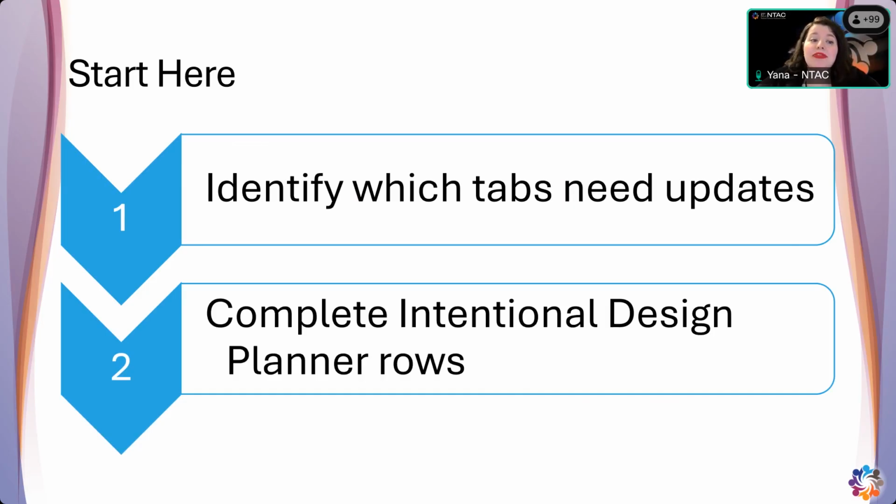And continue to fill out that intentional design planner to make sure that you are continuing to give your students and your staff those positive learning experiences that are also connecting to those academic goals, to the positive youth development, to the 21st century skills goals, all of those pieces.